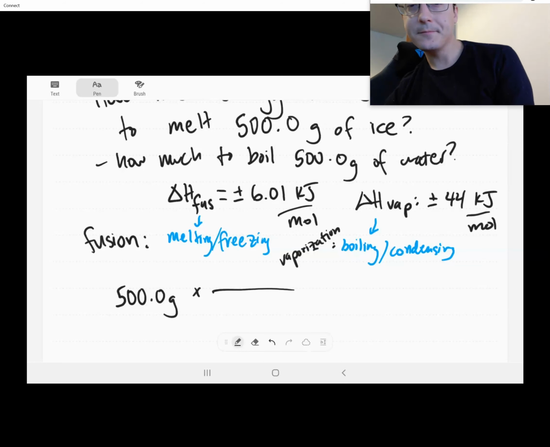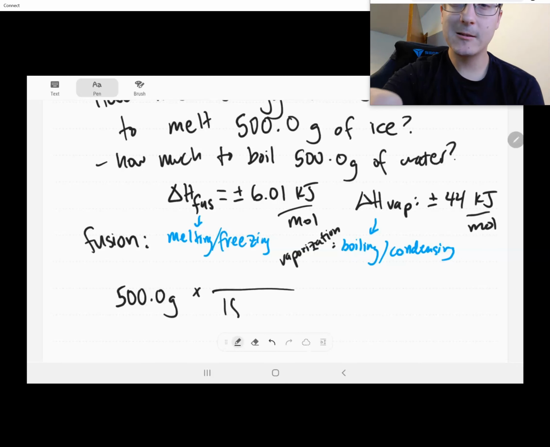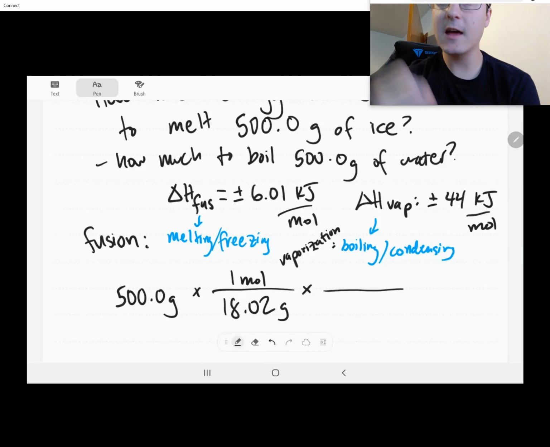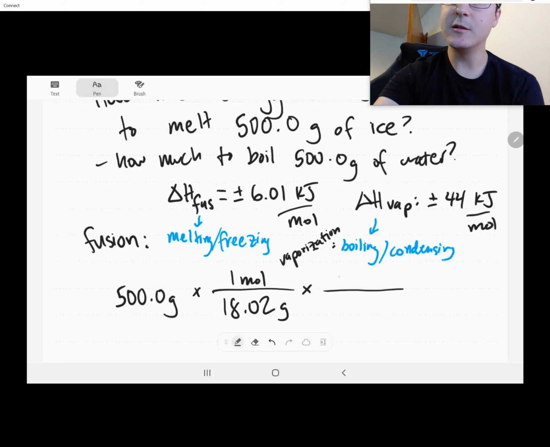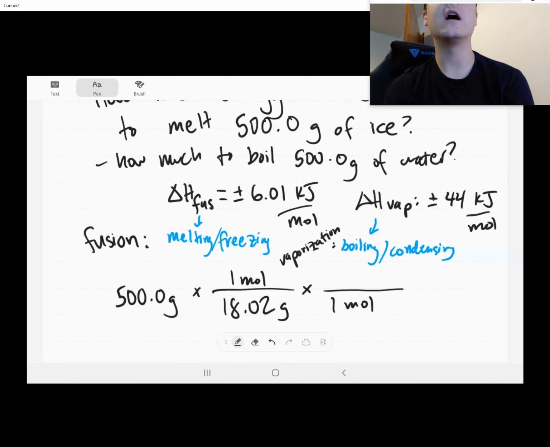Like which units? Grams on bottom, yes. And then all we have to do is use our delta H fusion. So we know 1 mole is going to go on the bottom. Alrighty, and so we are melting this ice. So are we going to use the positive or the negative delta H?